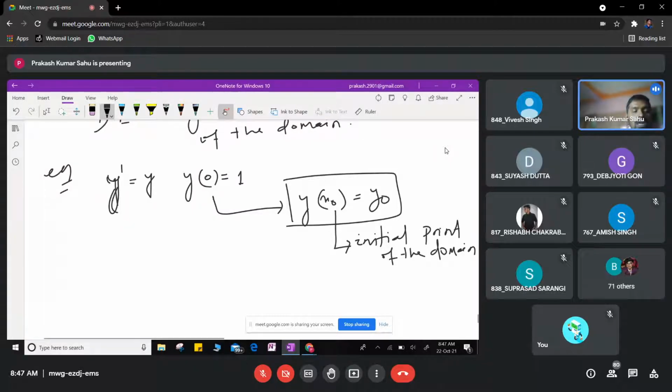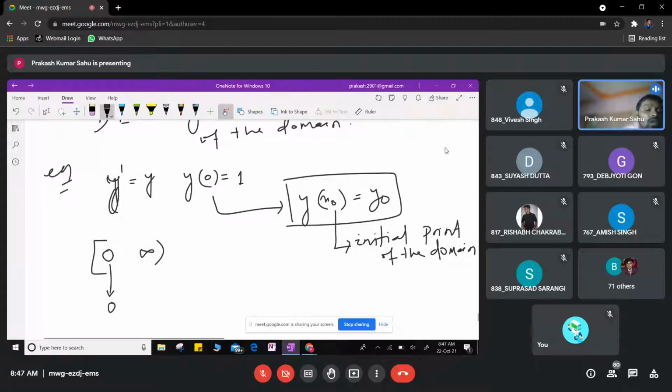So generally, when you solve a differential equation, we take the domain, that is 0 to infinity. So that is why your initial point will be 0. Understood or not?